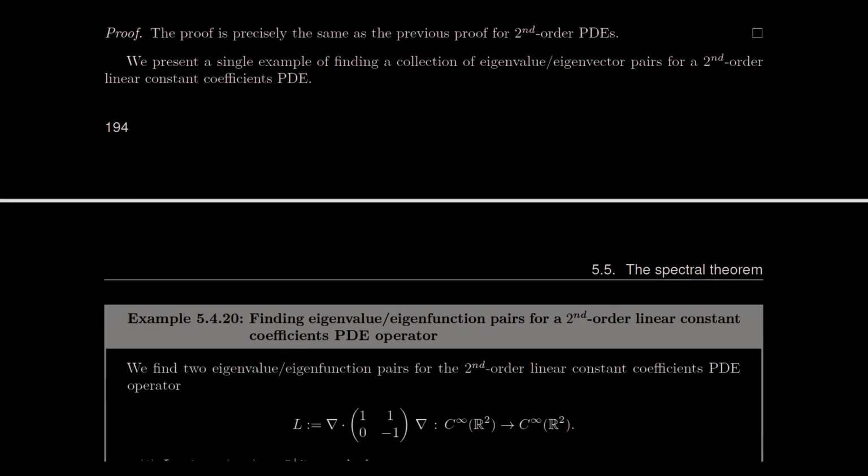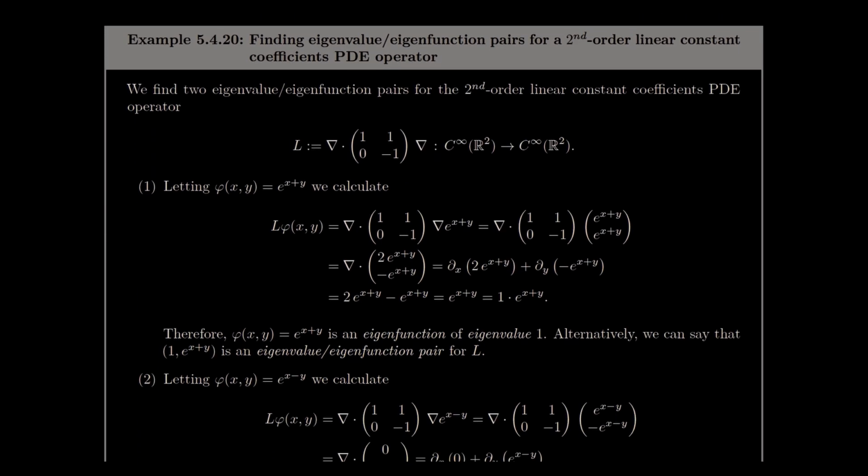Now, with that said, I will provide this final example. What if I just want to find a couple eigenvalue eigenfunction pairs for a linear constant coefficient PDE? Here's a lovely linear constant coefficient PDE associated to the domain right there, which is the least restrictive one. Hence, the proposition applies. What I can do is just grab a couple examples of e.